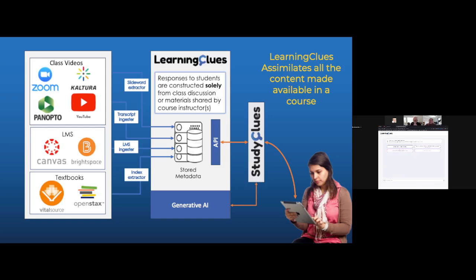And what we've done here is we are also watching what questions students are asking and using generative AI to identify what questions you should be asking at a particular point in the course. And we list them here to sort of prime the pump.